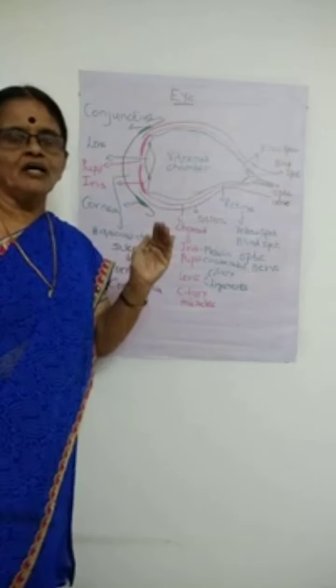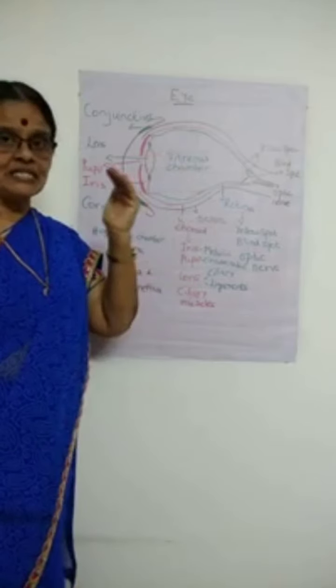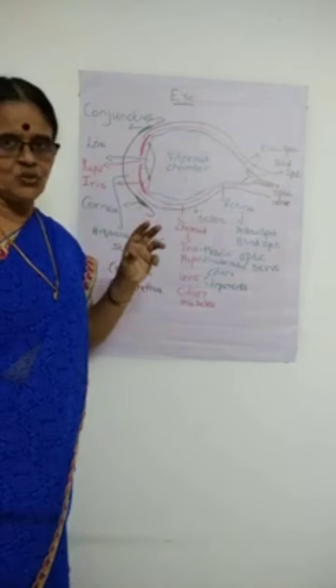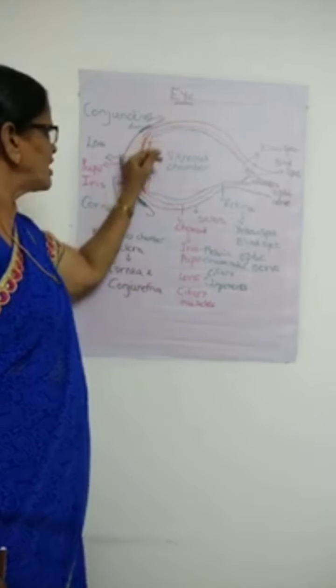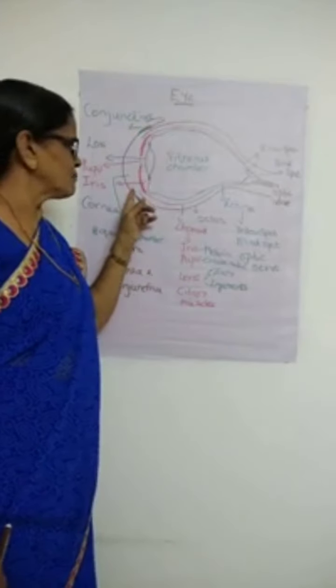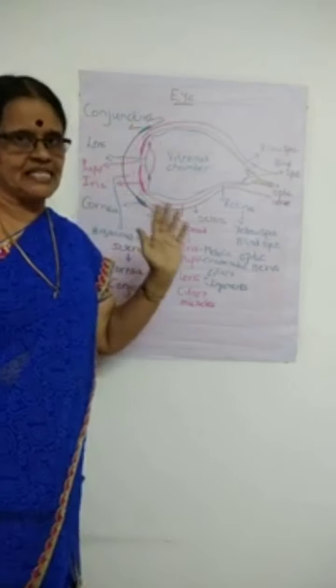So the cornea does not have this layer, because it is a transparent layer through which light has to enter our eyes. So the sclera has a bulge portion, the cornea, as well as the conjunctiva.